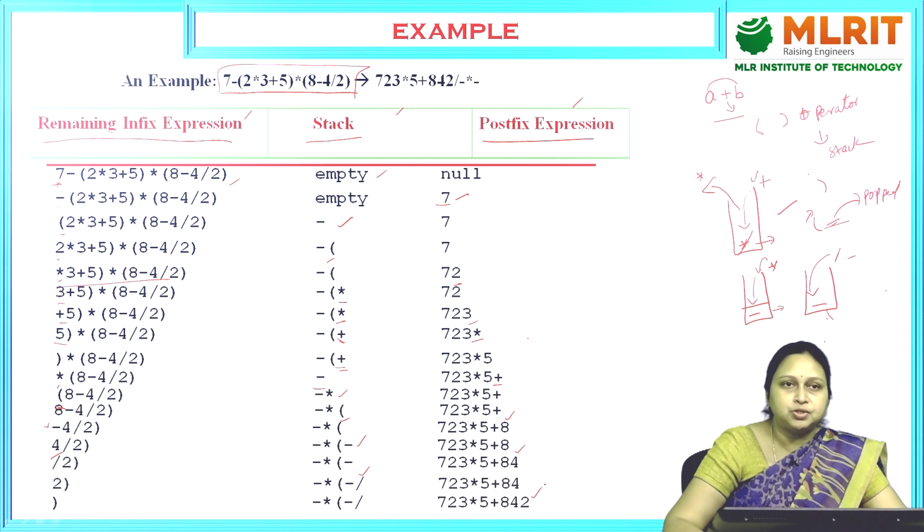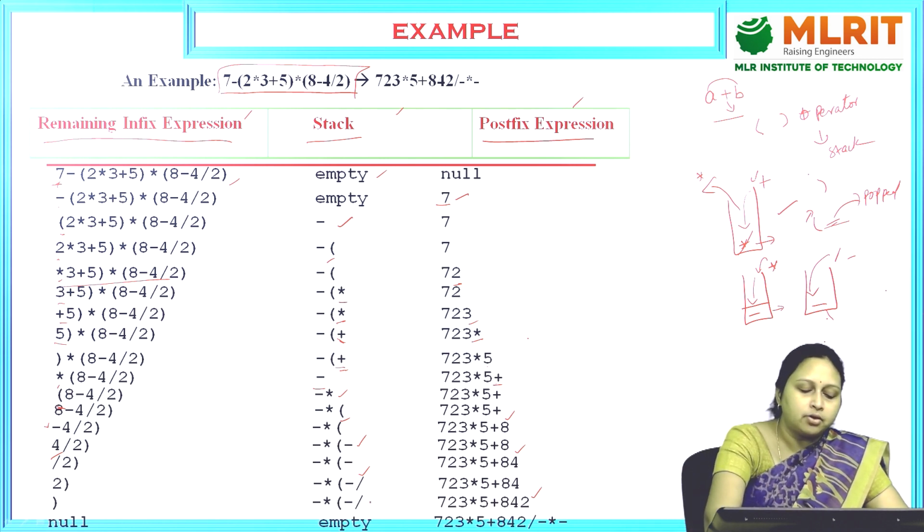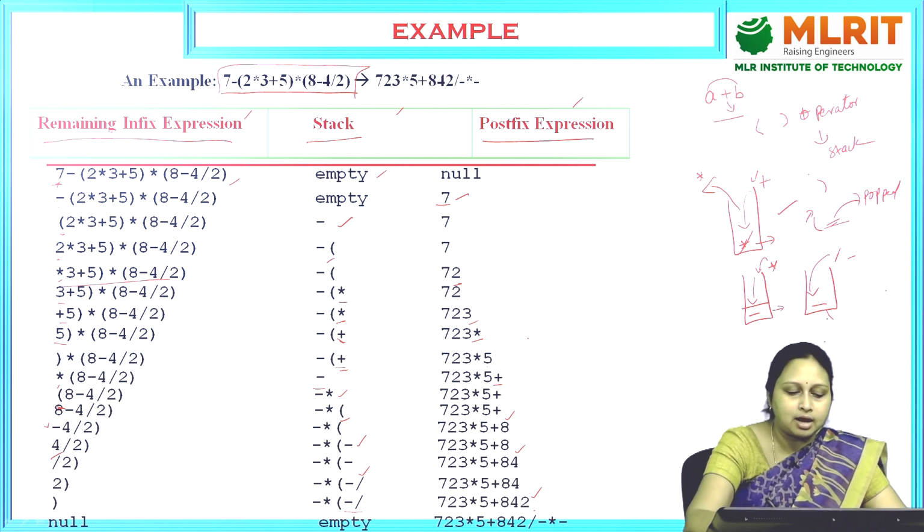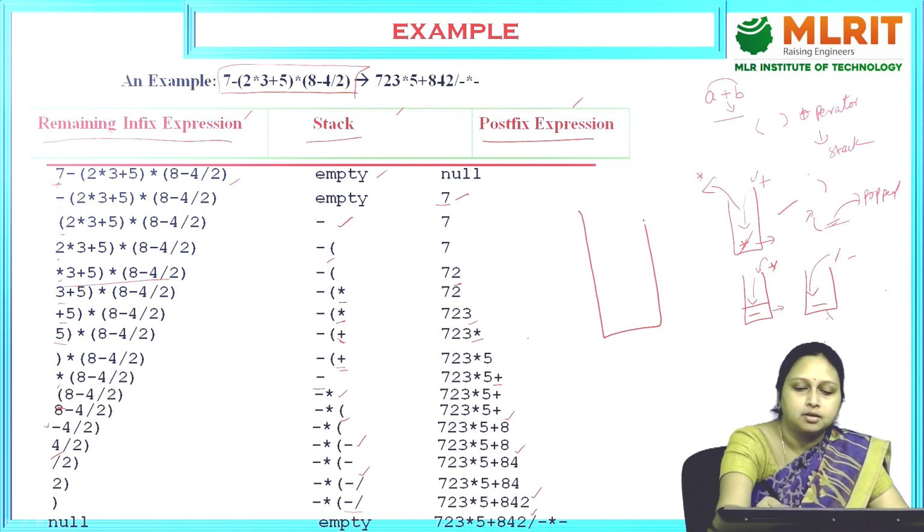And the last symbol which we have is the closing parenthesis. If I encounter a closing parenthesis, then what are we going to do? We are going to pop all the operators from the stack and place them in the same order. First division is going to be popped out. Here you have minus star in the stack, open parenthesis, then minus division, right?